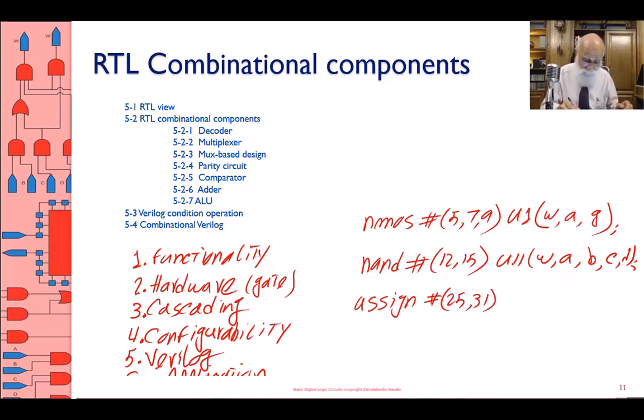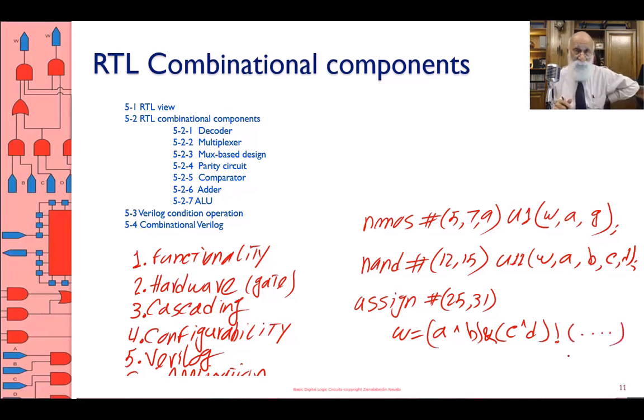Because it's getting more complex, I give it more delay. If you don't want to give it delay, don't. And then here you say W equals, put any Boolean expression you want, A XOR with B, perhaps ANDed with C XOR with D, ANDed, or ORed with something. It's not this, this is a vertical bar.